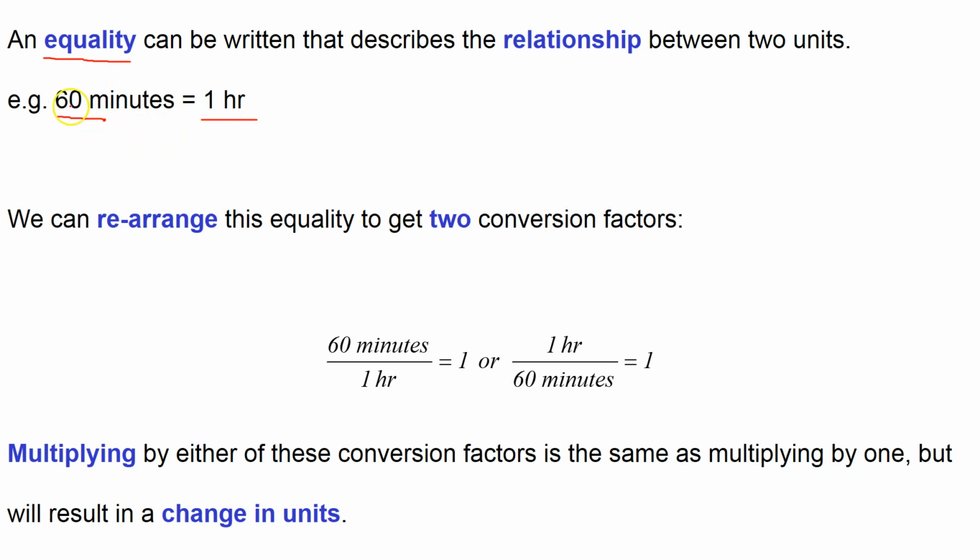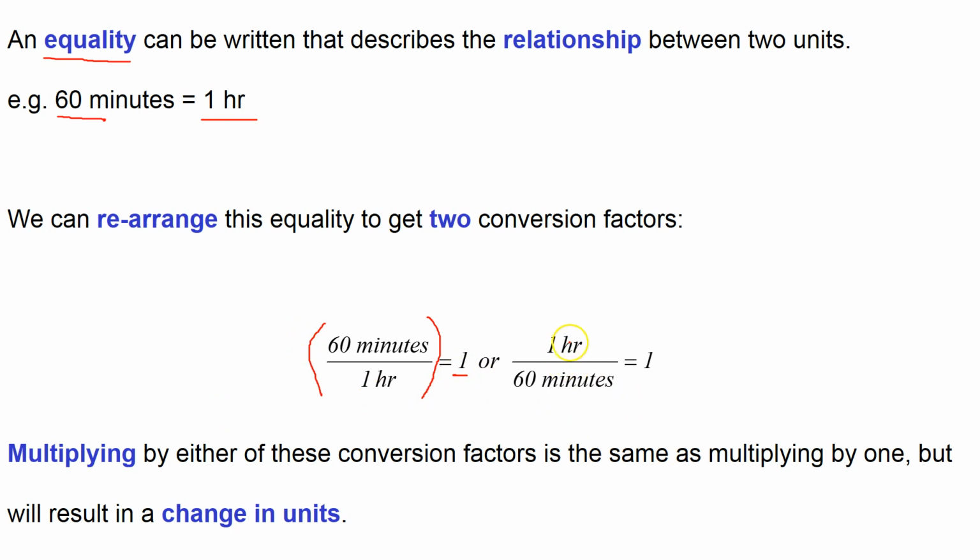And so what we can do is we can take the ratio of these two quantities to generate our fractions that are going to be our conversion factors. So 60 minutes divided by 1 hour, 60 minutes is exactly equal to 1 hour. When you put two things on top of one another that are equal, you get the number 1.